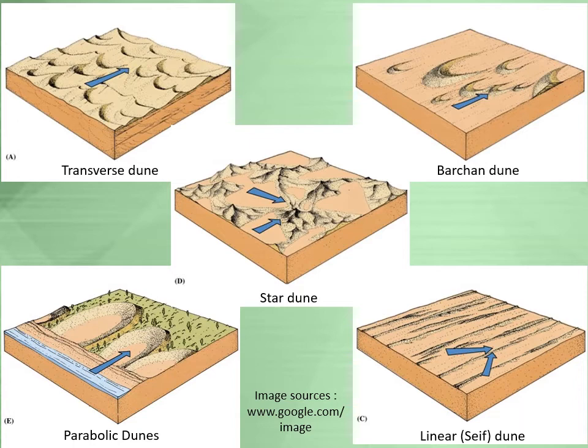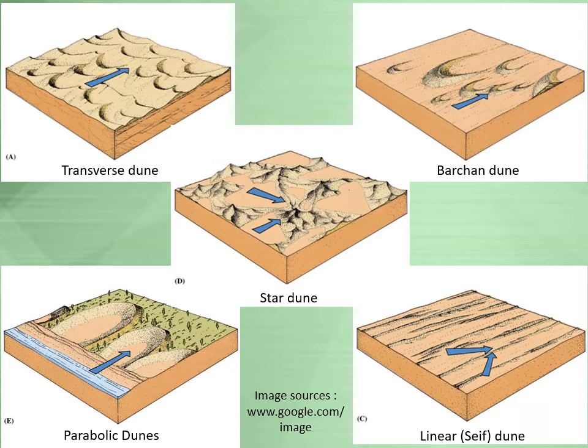Now, like the ripples, dunes also have different morphologies, and these different types of dunes are named depending upon the crest-line morphology. So you can see in the first picture, these are known as transverse dunes, where the crest lines are almost U-shaped, but the opening of this U is towards the flow direction.